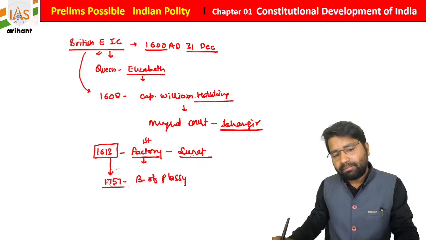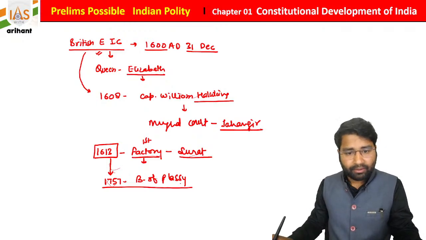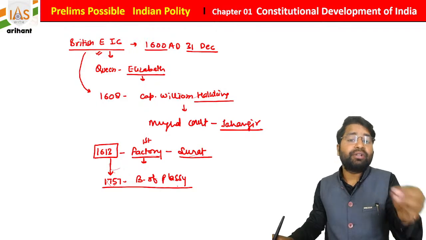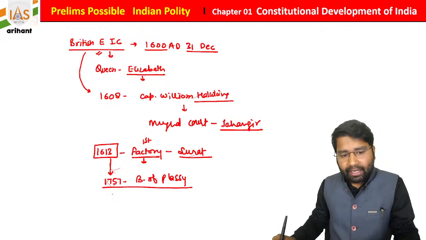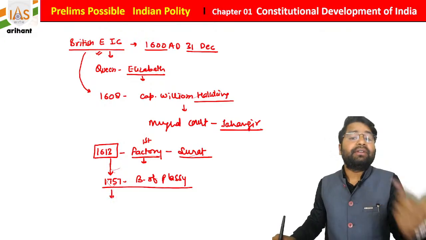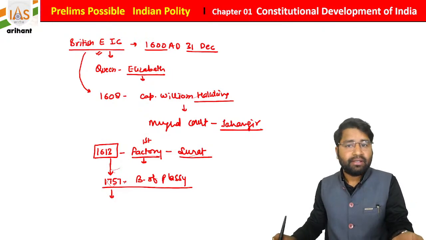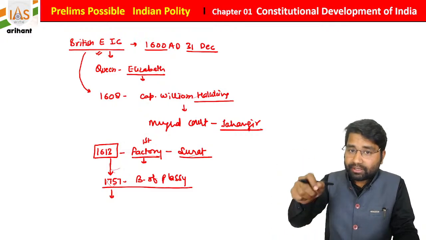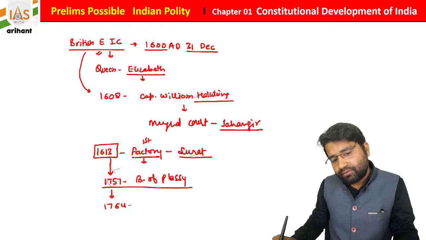In the Battle of Plassey, students, you will see they defeated the Nawab of Bengal, and after that they controlled the Bengal territory by putting a puppet Nawab there. After that, students, there is another event that was the key event for the establishment of British political power in India, and that was 1764, called the Battle of Buxar.